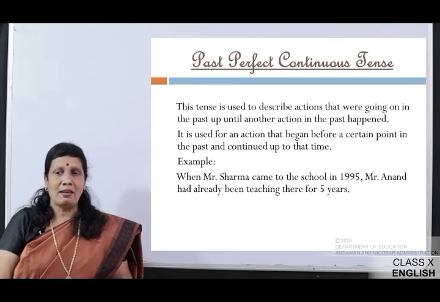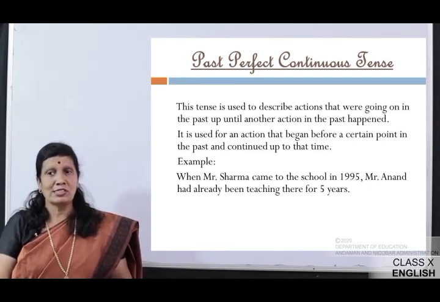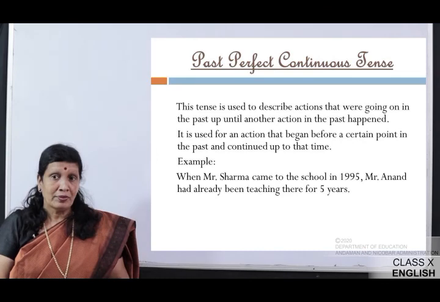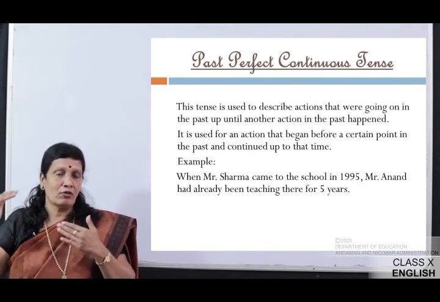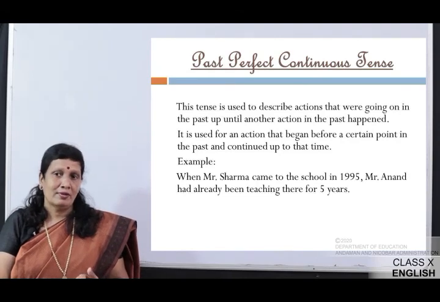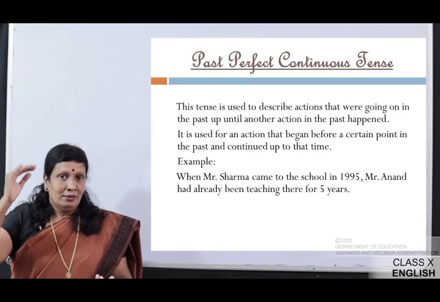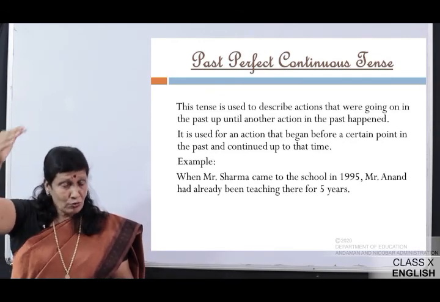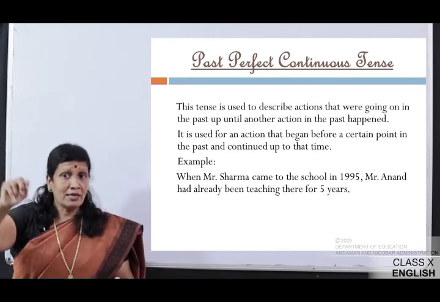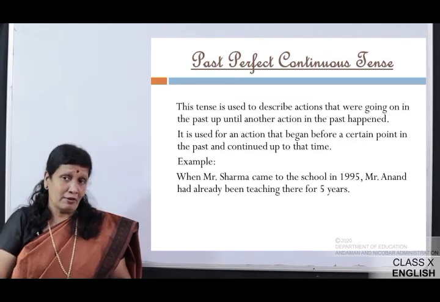Look at the example. When Mr. Sharma came to the school in 1995, Mr. Anand had already been teaching there for 5 years. So here some action continued for some time in the past. Look at the example carefully.